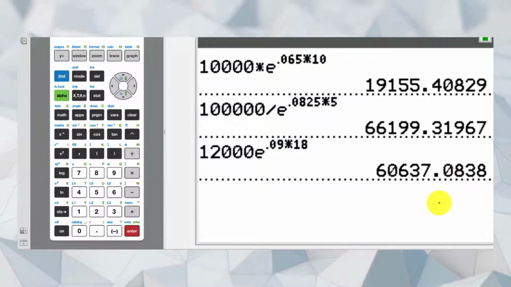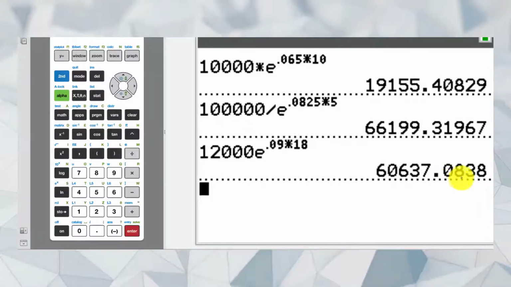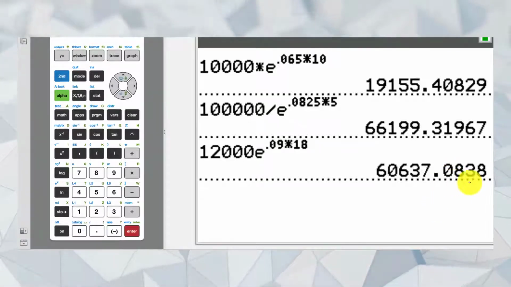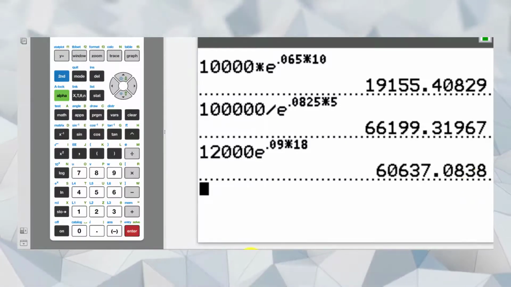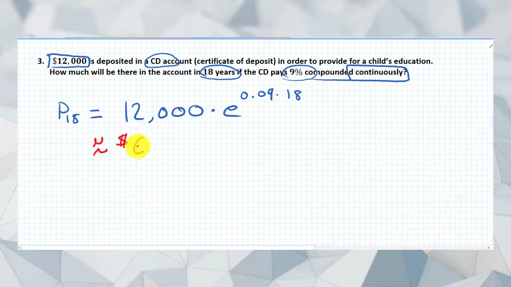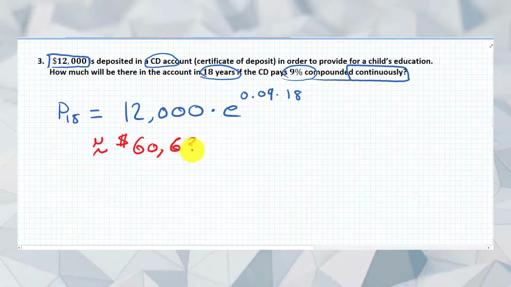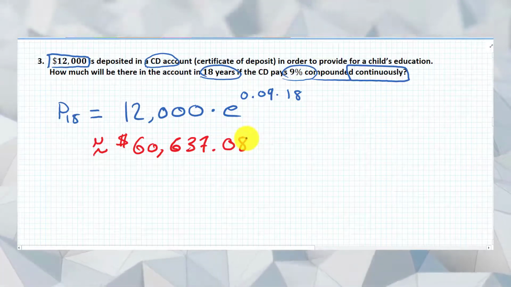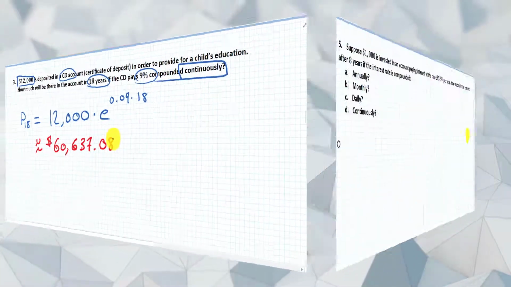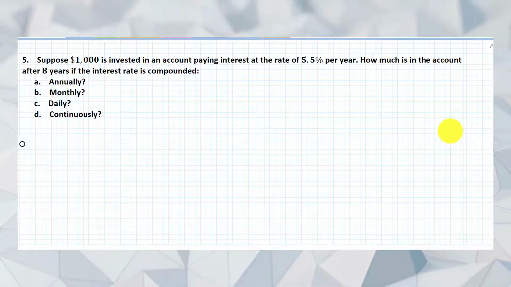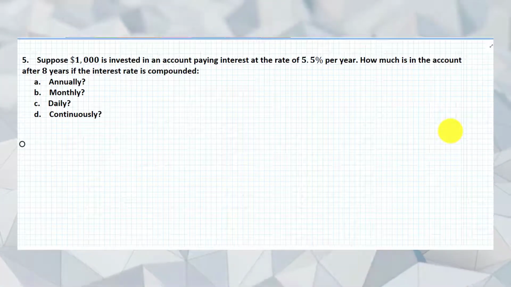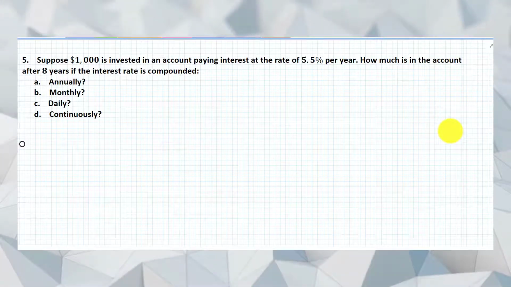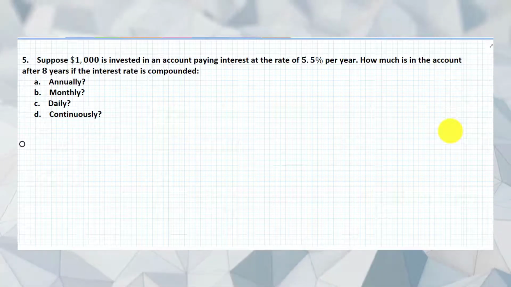Just leave 0.8 after the decimal point. Do not round up or round down. It's just 0.8, okay? All right, let's report that. And so this is $60,637.08.